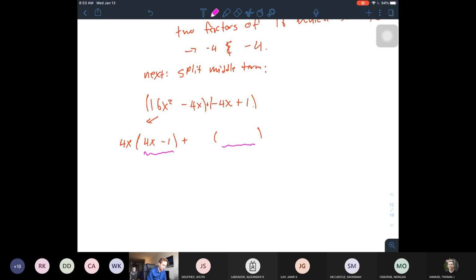I want these two to match. So the way that I can make this right side term match 4x minus 1 would be by taking out a common factor of -1 from both -4x and 1. So I'll take out a -1. So I'll put -1 out front. And then inside, what am I left with? Just 4x minus 1.